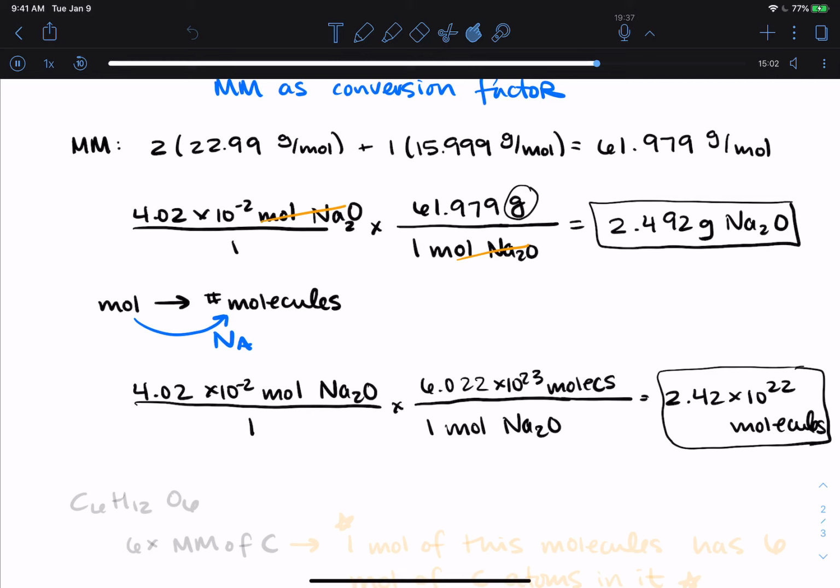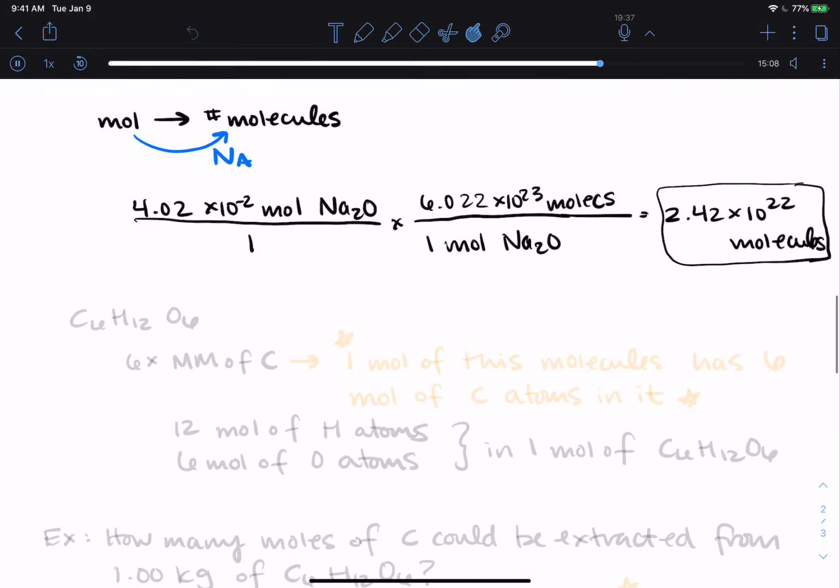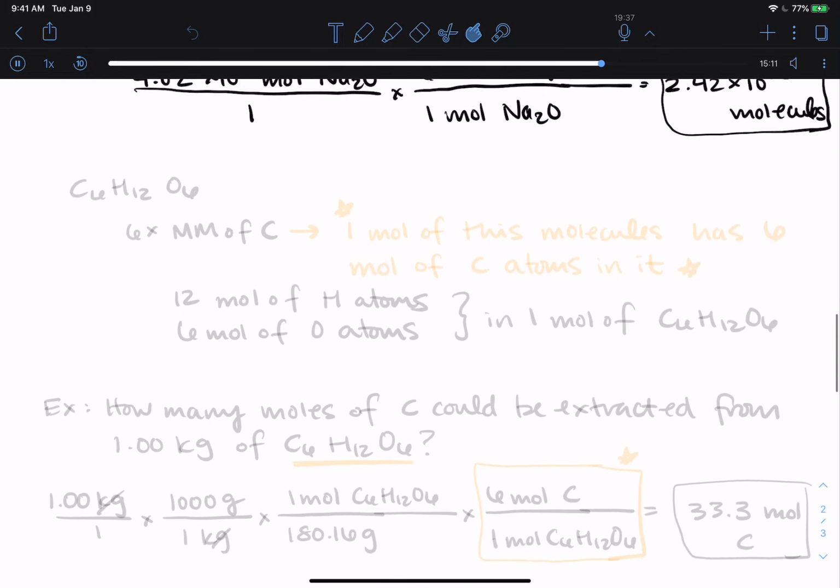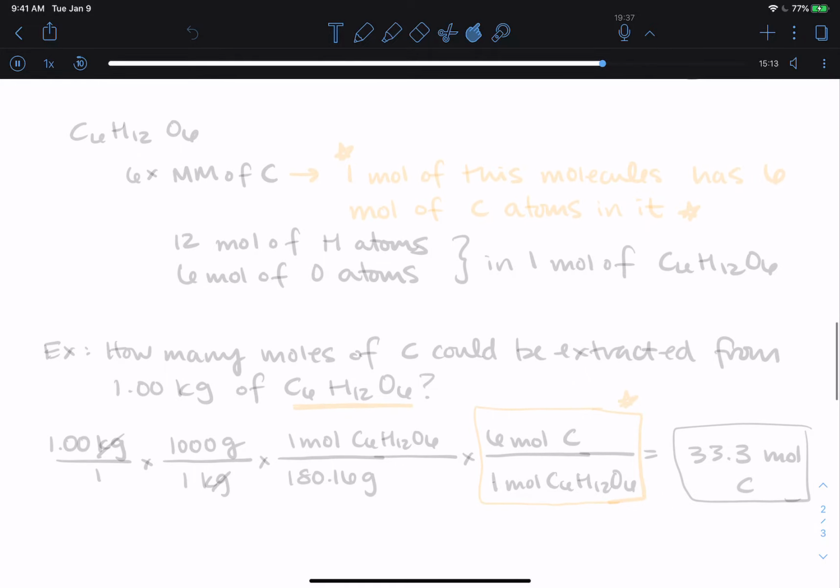Okay, so I want to do one more thing in this video, and I want to take what we built up with formula mass, molar mass, and look a little bit more closely at some of the molecules. So I want to use the C6H12O6 as an example.